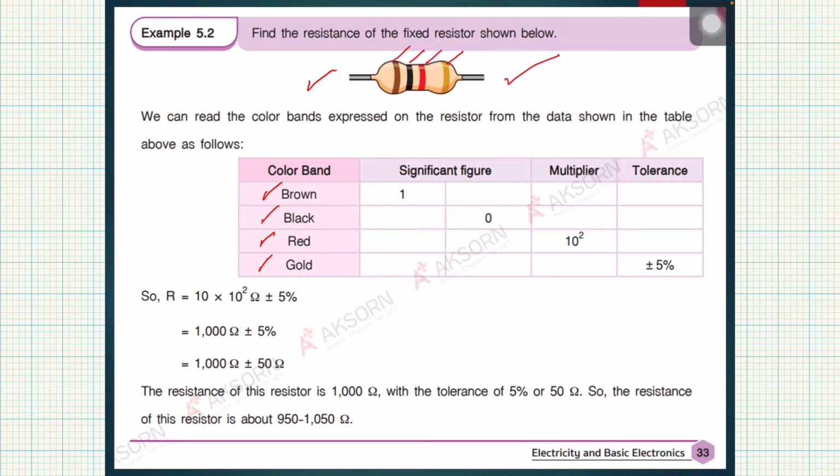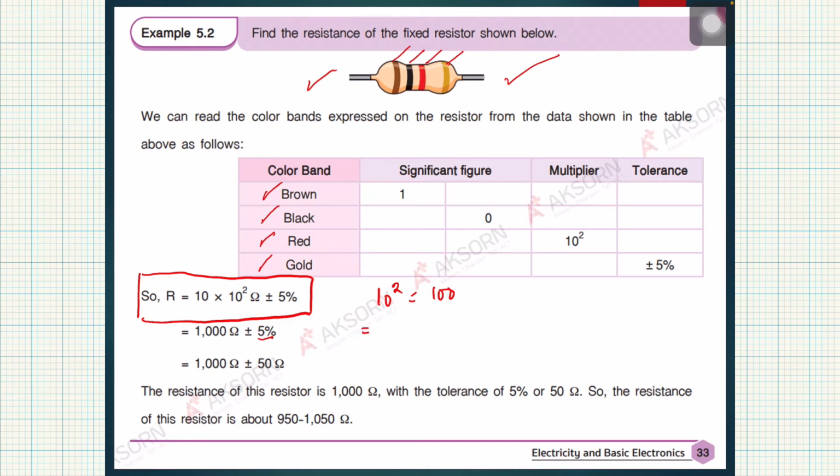After putting all the values there, we are now ready to calculate the resistance value of this particular resistor. 10 times 10 squared; 10 squared is 100, right? So 10 times 100 is equal to 1,000. And then plus or minus 5%.